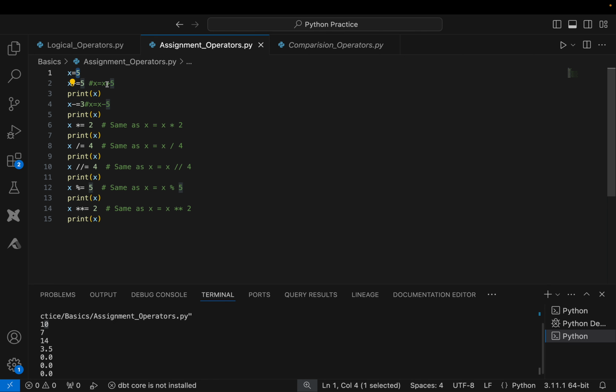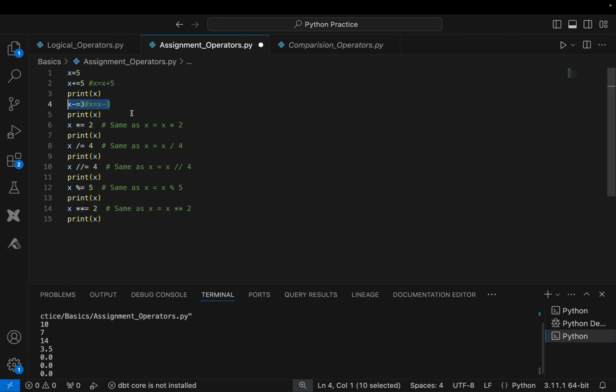It was 5 earlier, now x + 5 is 10. Now we have x -= 3, meaning x minus 3. Sorry, it was 3, not 5. The x value we have seen becomes 10 here, so 10 minus 3 is 7.